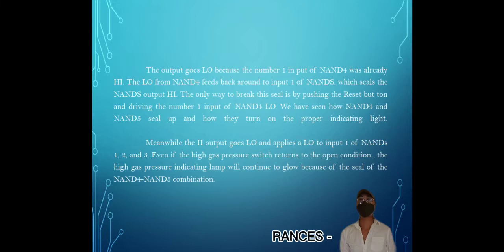Meanwhile, the output of NAND 2 goes LO and applies a LO to input 1 of NAND 3. Even if the high pressure switch returns to the open condition, the high gas pressure indicating lamp will continue to glow because of the seal of the NAND 4 and NAND 5 combination.